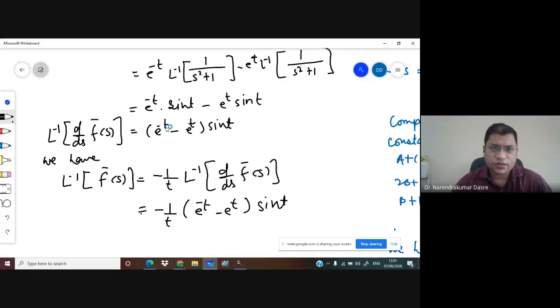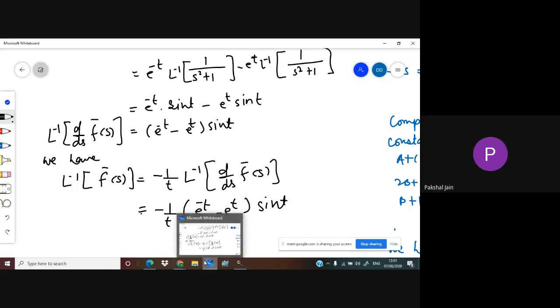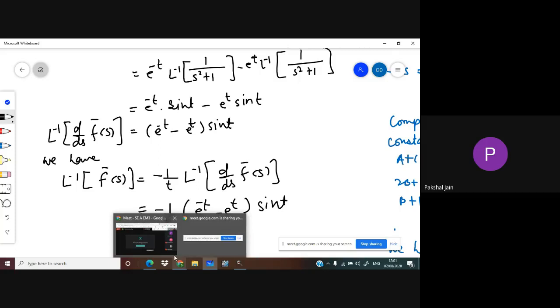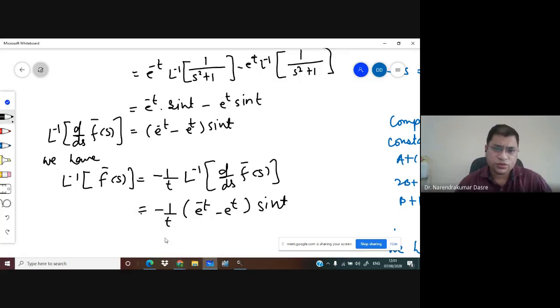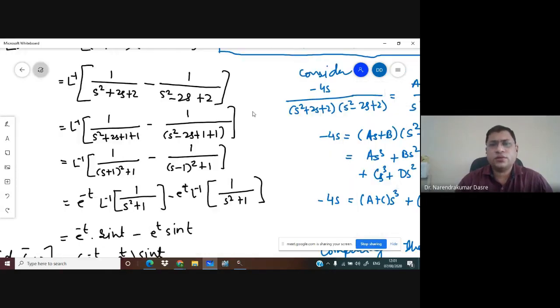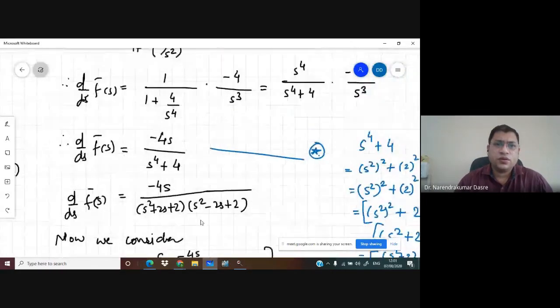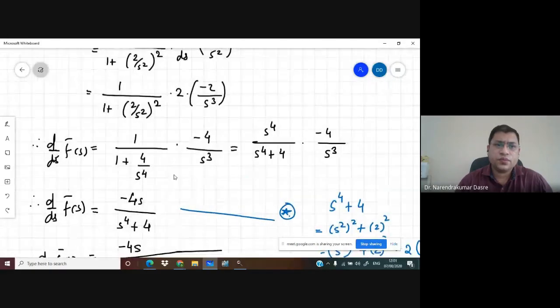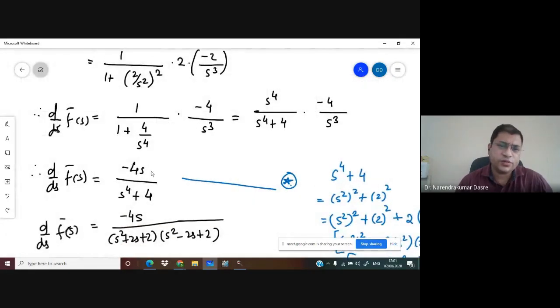Did we get the inverse Laplace transform, or did we get just the derivative of the function? Sir, we only got the derivative of the function. Okay, so fine, no problem. So here we calculated the derivative of the function.